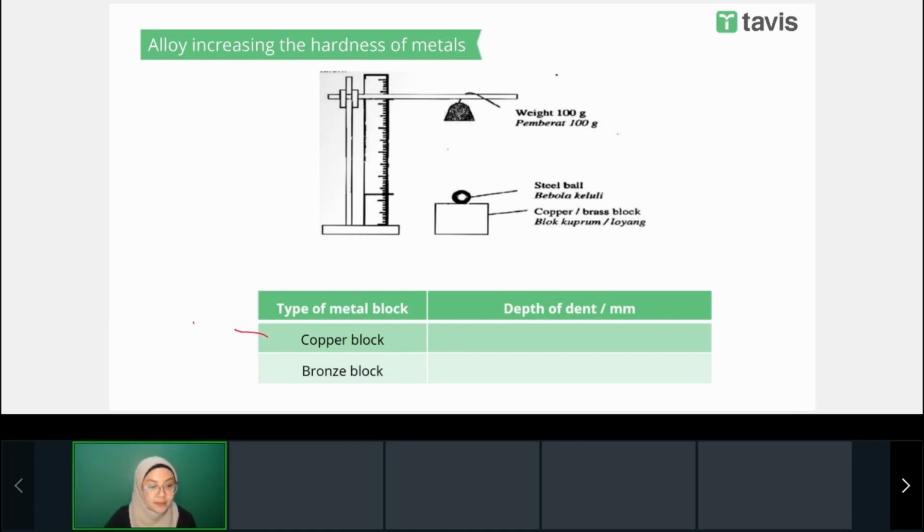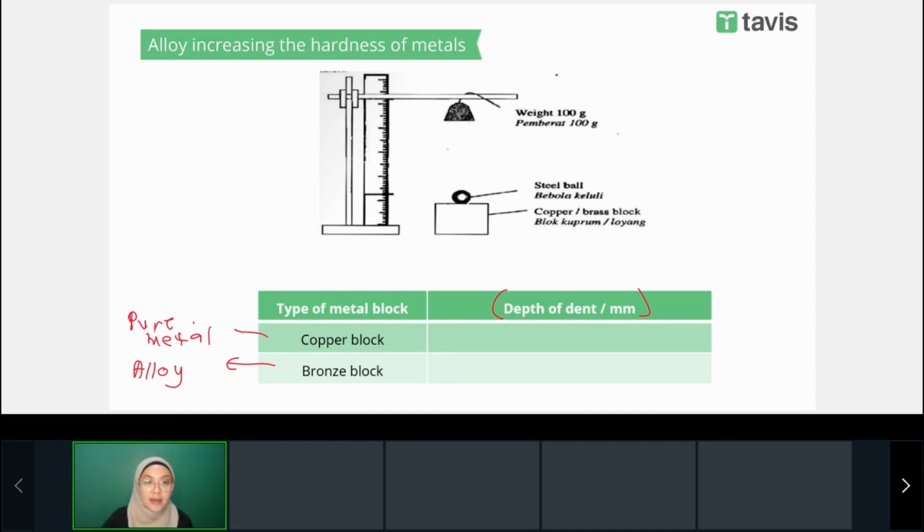Copper is a pure metal, while bronze is the alloy. You know that alloy is harder than the pure metal. So bronze is harder than the copper. Okay, how about the depth of the dent?